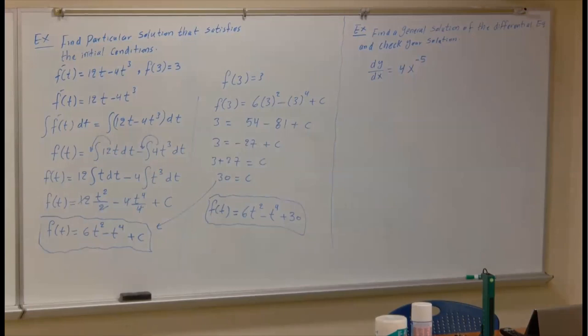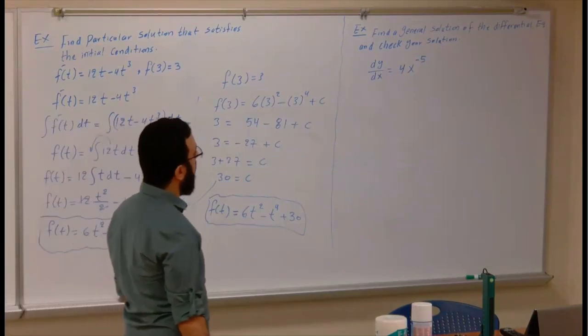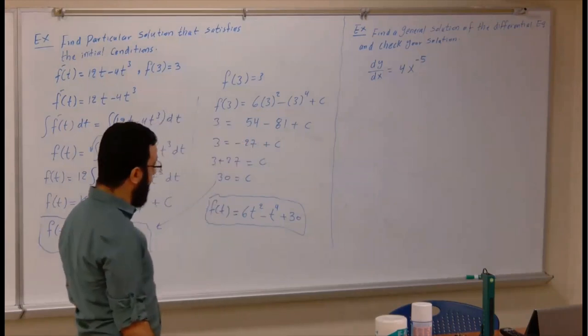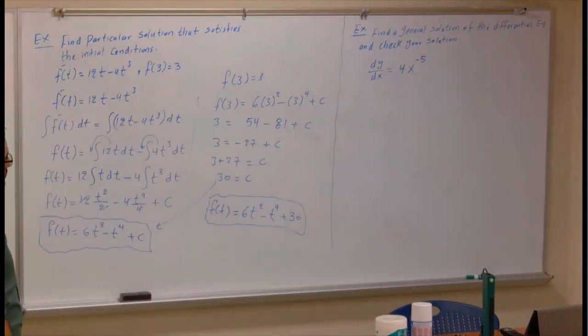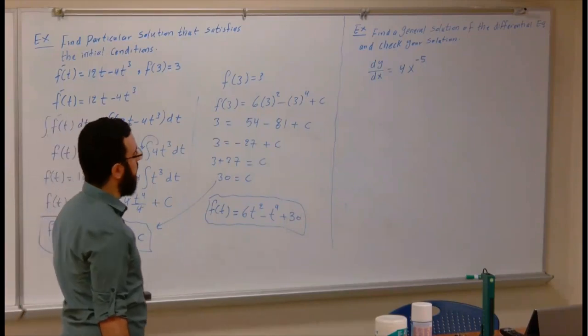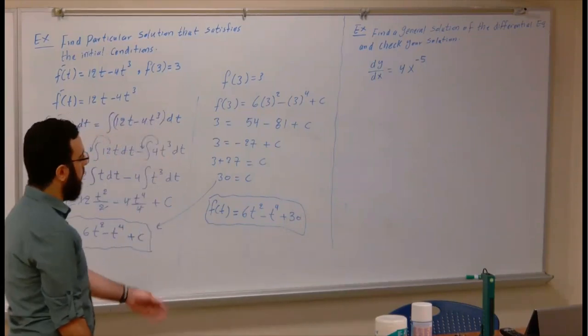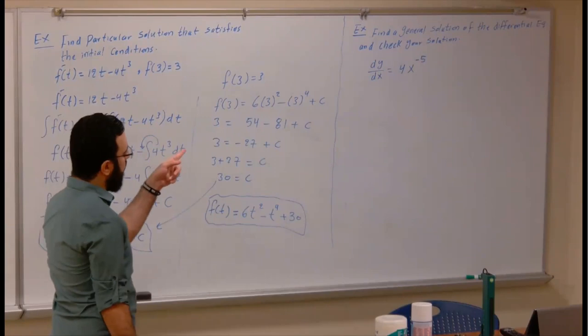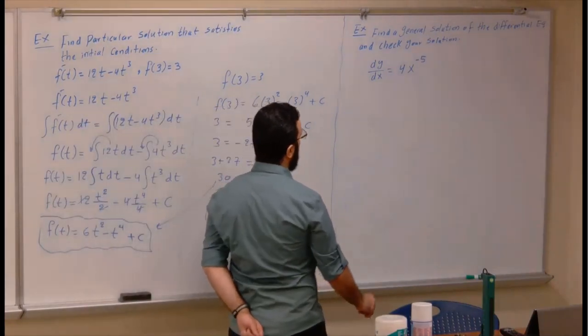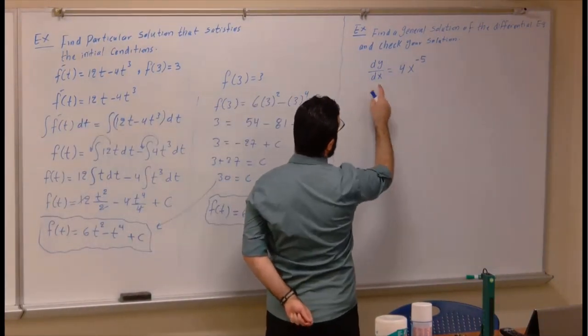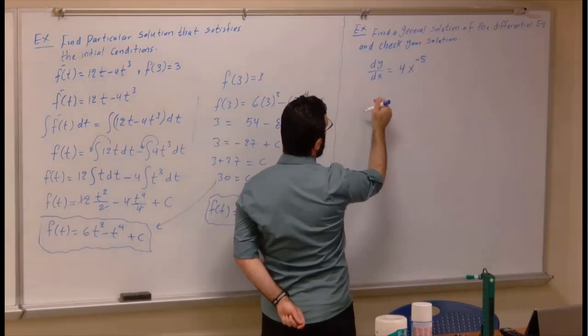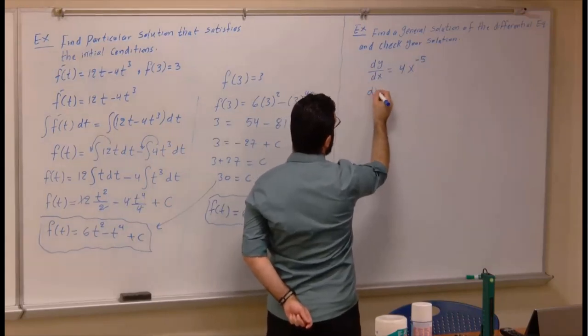The last example: find a general solution of the differential equation and check your solution. So check, this is important, because they ask you to check. First of all, we need to find a general solution. That means we're going to take the integral of both sides. I'm going to multiply everything by dx.